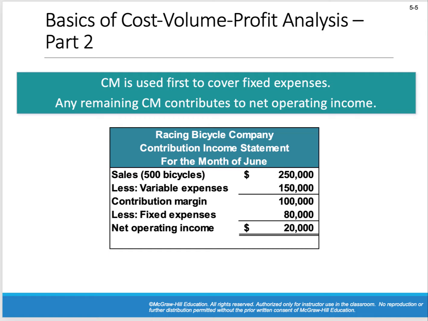Any remaining contribution margin contributes to our bottom line or our net operating income. So what we say here then is that the contribution margin, it's what's left of sales after variable expenses have been deducted. It goes to cover fixed costs, and hopefully it's going to contribute to our bottom line or the net operating income.